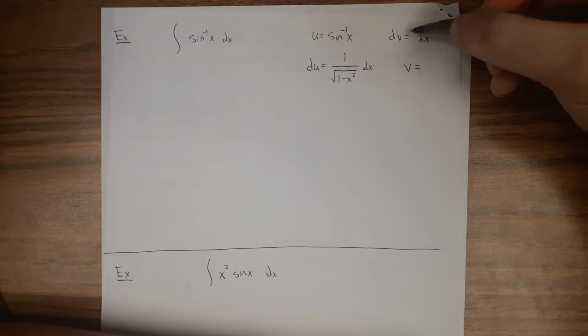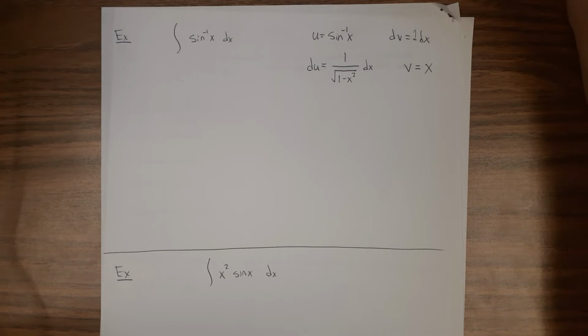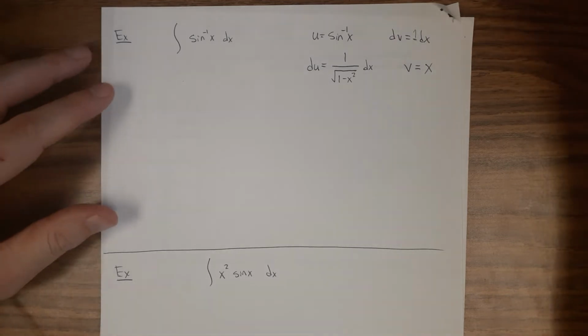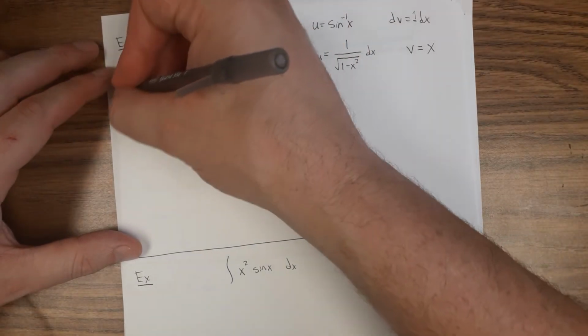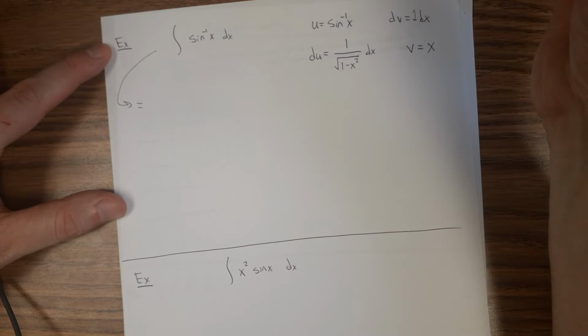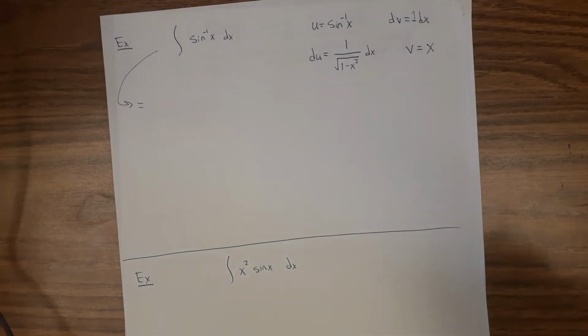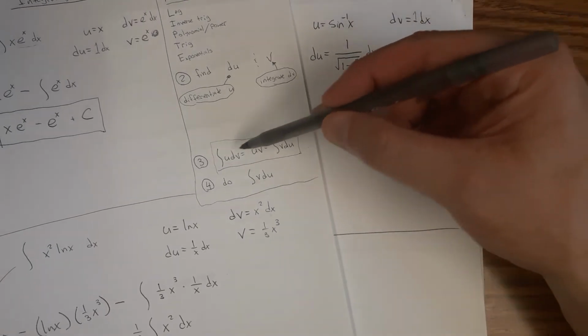To get v, I just have to do the antiderivative of this, and there's an invisible 1 here, I guess. The antiderivative of 1 is just x. Okay. So this integral is, I am using the formula that's here.